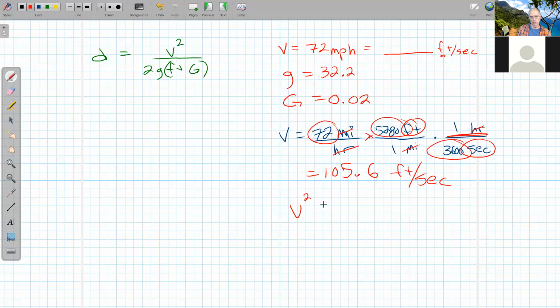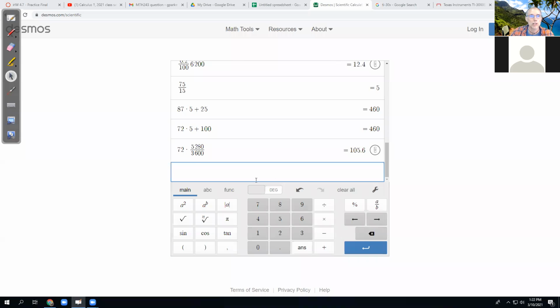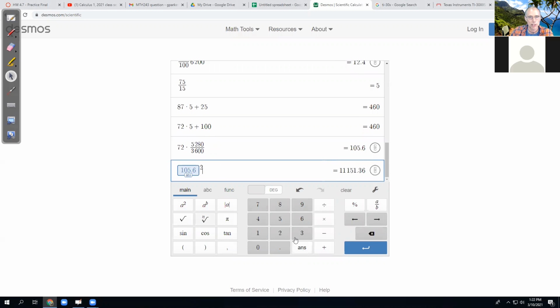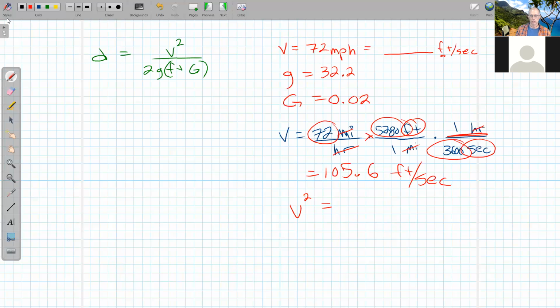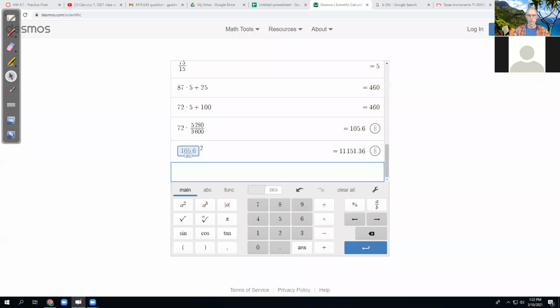So I need to figure out what V squared is too. 72 times 5,280 over 3,600. Yeah, that looks good. Then I just take that answer and square it, and that gives me 11,151.36. Did I type it right? Yep, I think that looks good.